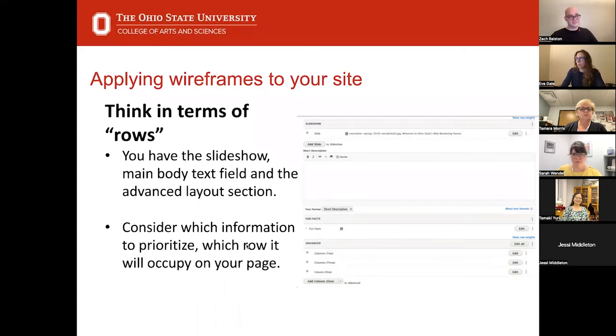In addition to your advanced layout section, above, you have your slideshow area, along with the main body text field as well. And these form a sort of structure to your web page. So it really helps to think in terms of a top-down approach when you're working with the rows. And this also lets you consider which information you're going to prioritize on your web page and where it's going, which role it's going to occupy on the web page.